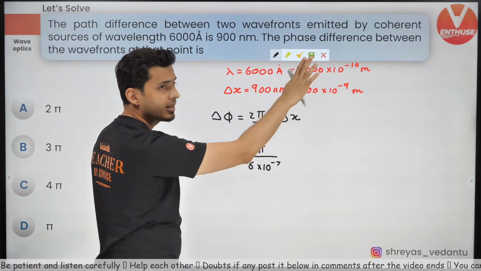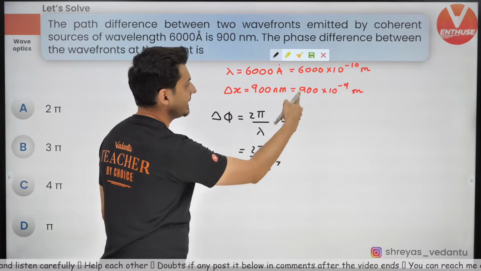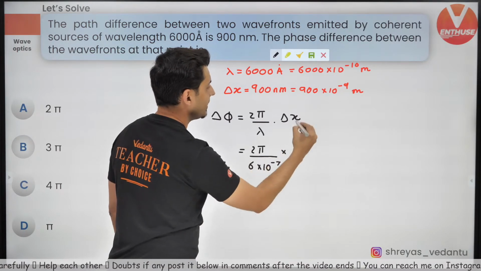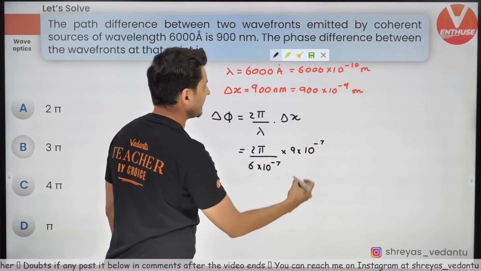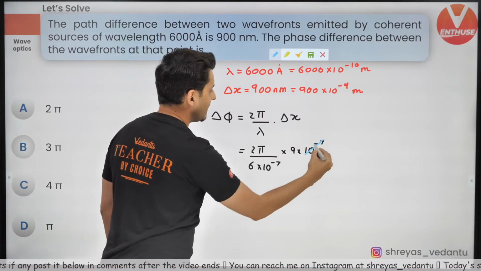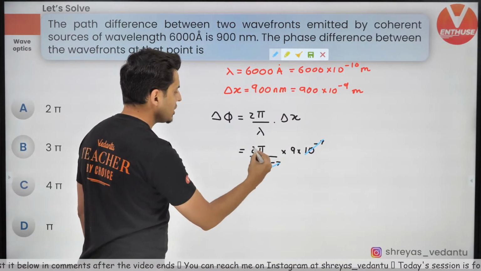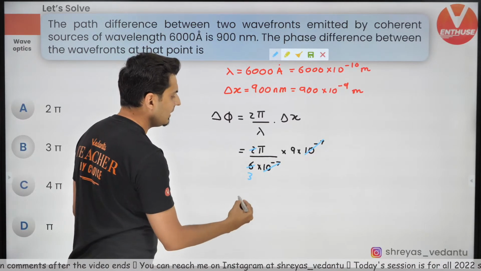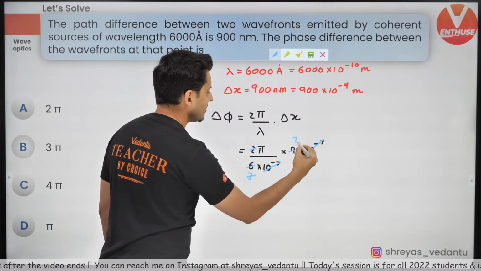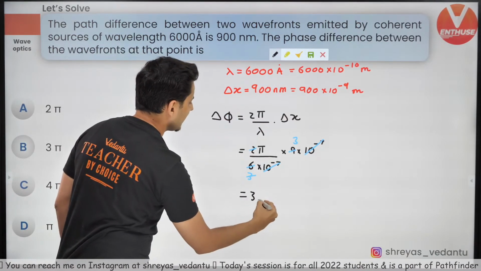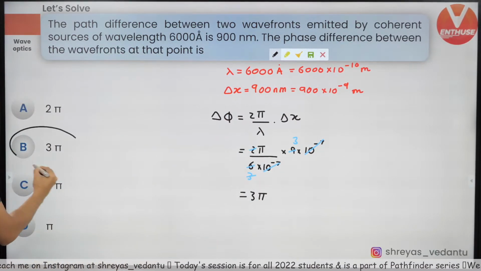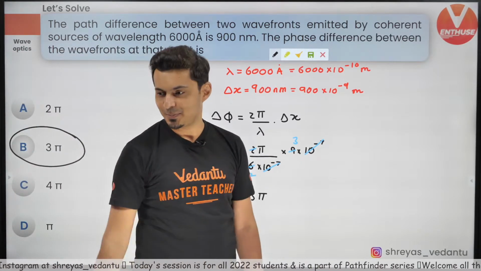And delta x over here will be nothing but 9, there are two zeros, so into 10 to the power minus 7. Interesting. So 10 to the power minus 7 cancels with 10 to the power minus 7, 2 and 6 cancel, this will become 3. 3 and 9 cancel, this will become 3. So only 3 pi is remaining. You can see over here. So the correct answer should be 3 pi radians. Yup, 3 pi radians should be the answer.